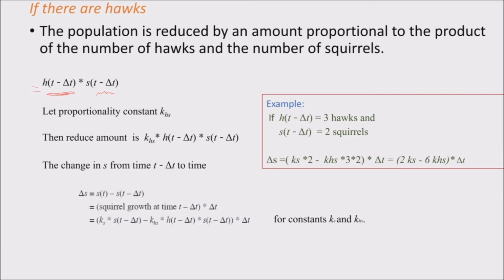So you can say reduced amount, change of deaths, is proportional. It is not equal, actually it is proportional. So you have this little symbol here. Proportional to the product of the number of hawks and the number of squirrels.